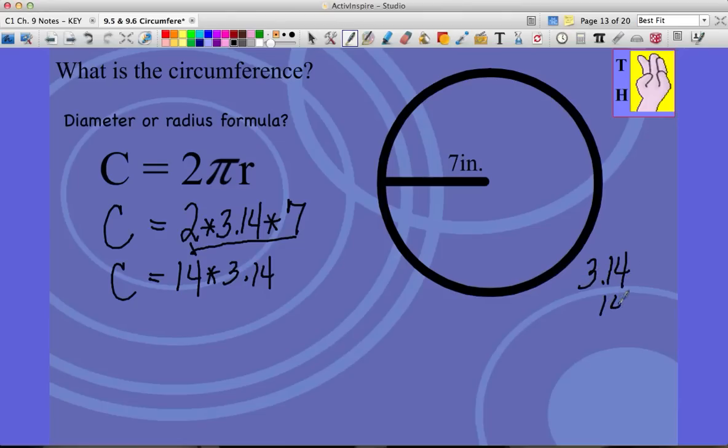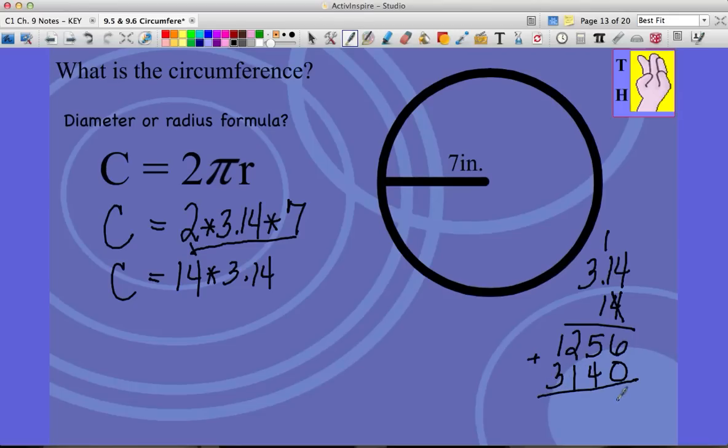The 14 goes underneath. 4 times 4 is 16. Carry the 1. 1 times 4 is 4, plus 1 is 5. 3 times 4 is 12. I'm done with the 4. I put 0 down as my placeholder, and I move on to the 1. 1 times 4 is 4. 1 times 1 is 1, and 1 times 3 is 3.